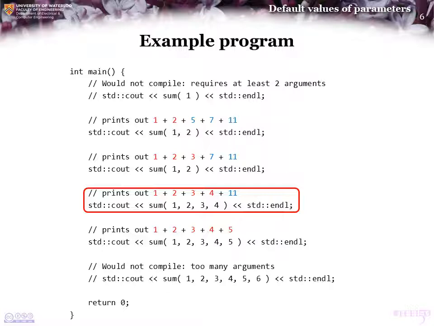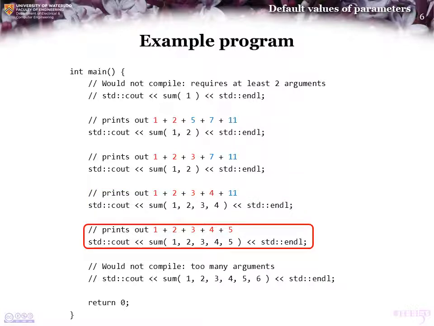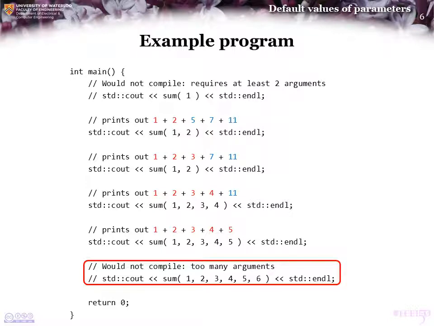Same here. The user has provided 4 arguments, therefore the first 4 parameters take on the values of these 4 arguments, and only the 5th parameter takes on its default value, and here all the parameters take on the values of the corresponding arguments. I've commented this function call out because this will not compile. There are 6 arguments for this function call.